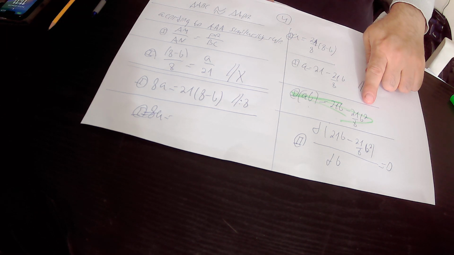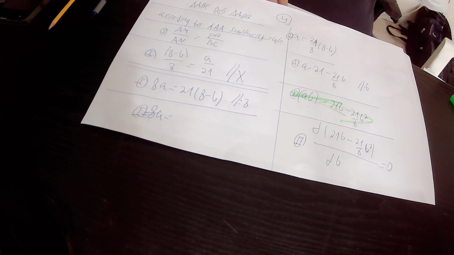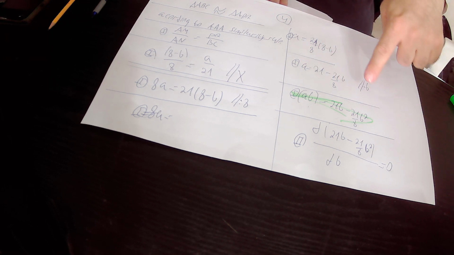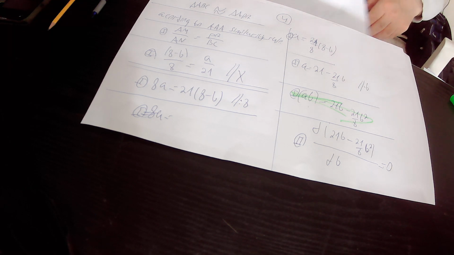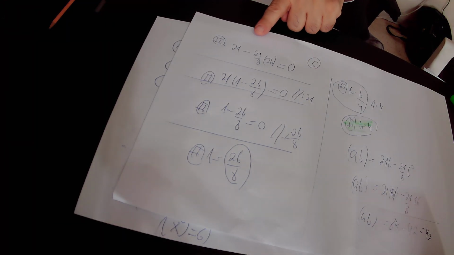The derivative of B squared is 2B, and therefore the derivative of this expression is minus 21 over 8 times 2B. So in conclusion, the derivative of the area function equals 21 minus 21 over 8 times 2B.